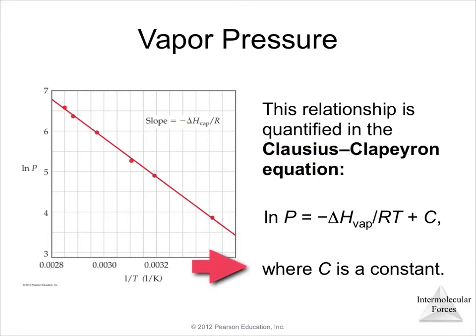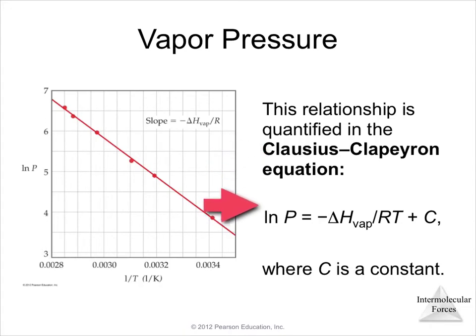You'd never guess that. We'll talk more about C in a little bit, probably more in chapter 12, but ultimately what you need to know is that Clausius-Clapeyron shows that the natural log of vapor pressure is proportional inversely to temperature. So we could say it either way.